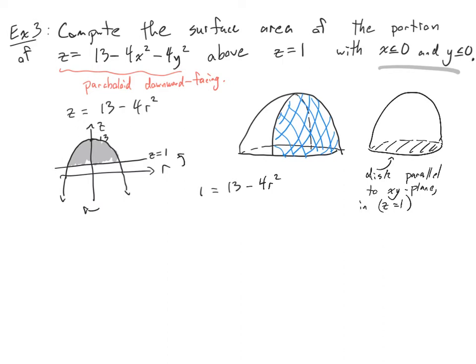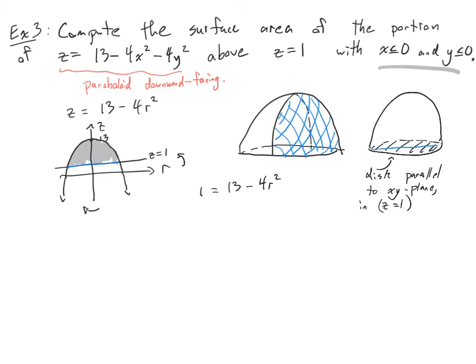When you spin this little cross-section around, it gives you this whole disk. So I want to understand how big that is, what the radius is, so that I can compute the right radius for the disk.